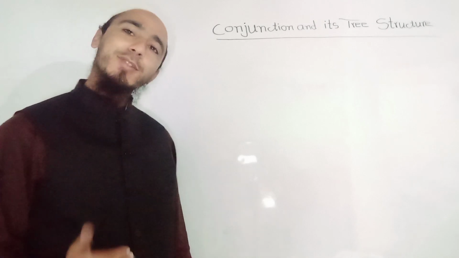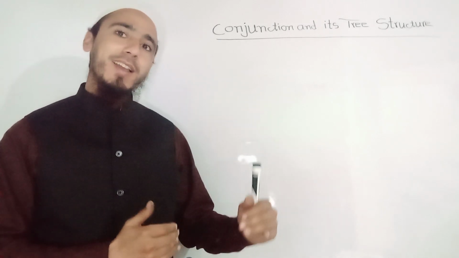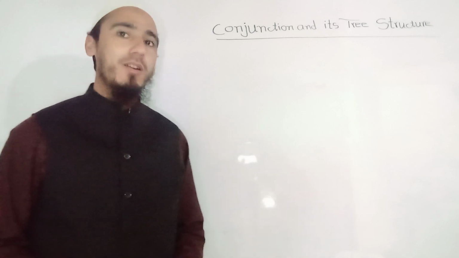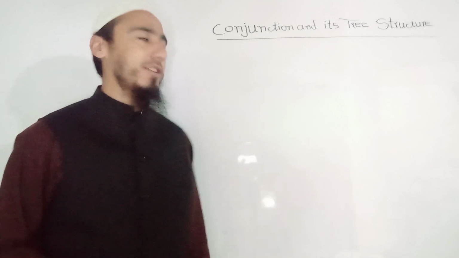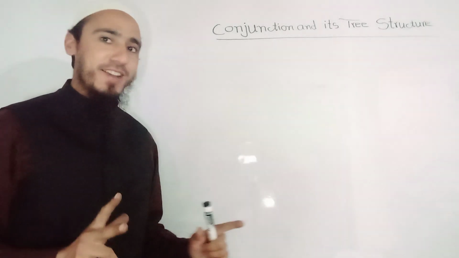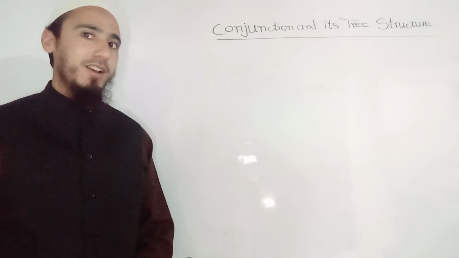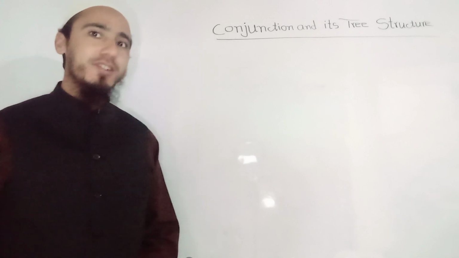Okay, and I also told you that if you want to recognize a phrase, a phrase can be replaced by a single word like he, she, it, etc. So conjunction joins two constituents to make a larger constituent, a larger NP.